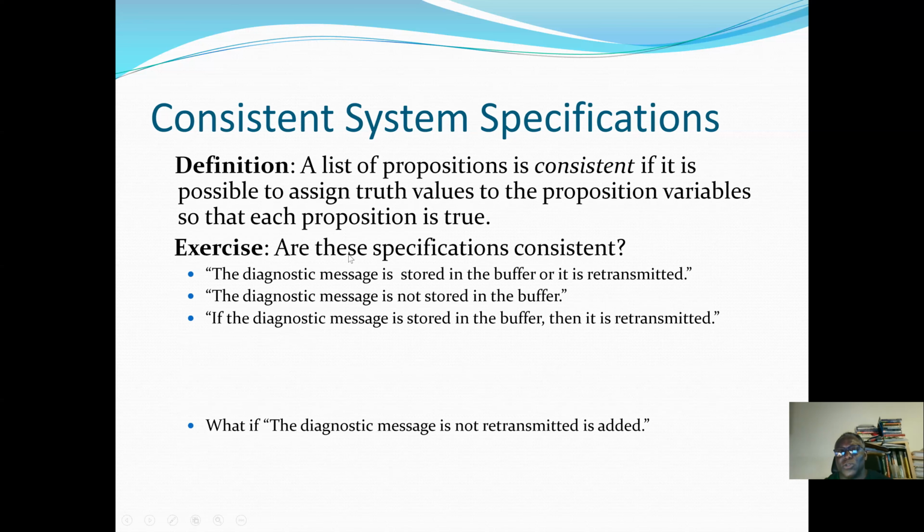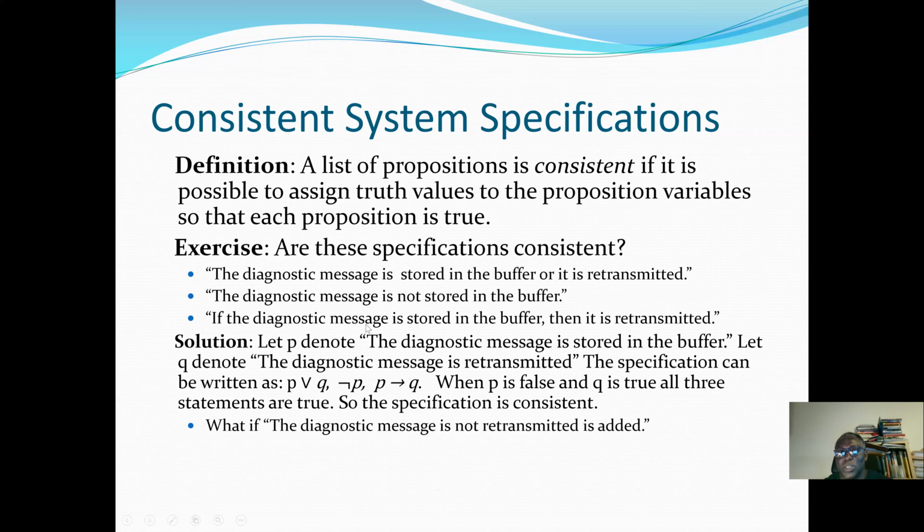Let's look at it. The first one: the diagnostic message is stored in a buffer or it is retransmitted. The second: the diagnostic message is not stored in the buffer. The third: if the diagnostic message is stored in the buffer, then it is retransmitted. So this will be the solution.